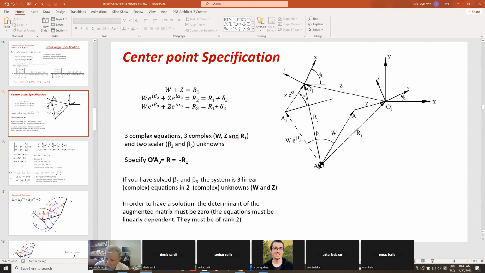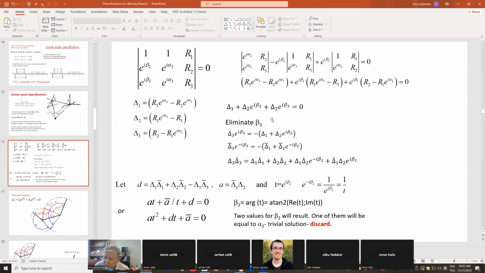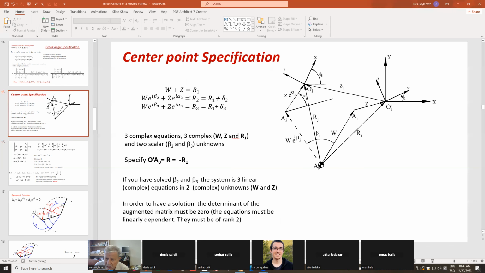Now you can substitute into one of these two equations to determine beta 3. So take any two of these three equations, and solve for W and Z in terms of linear equations.